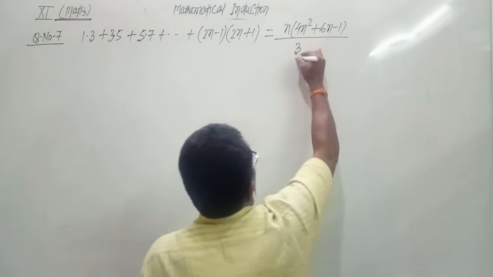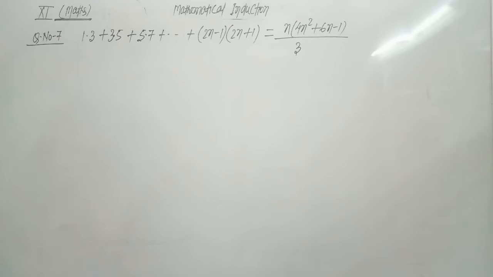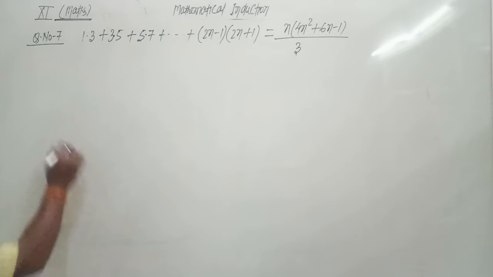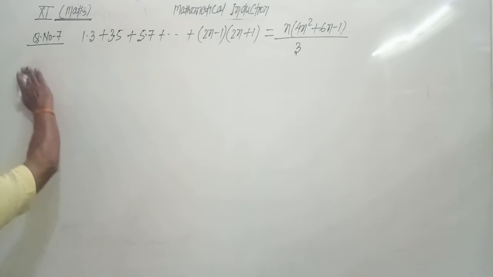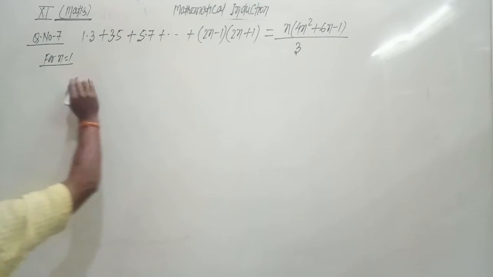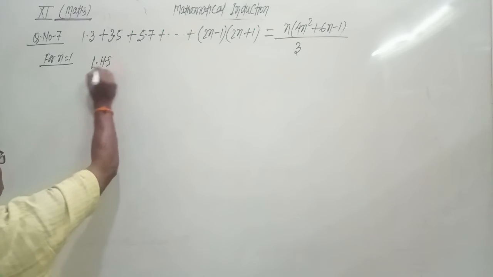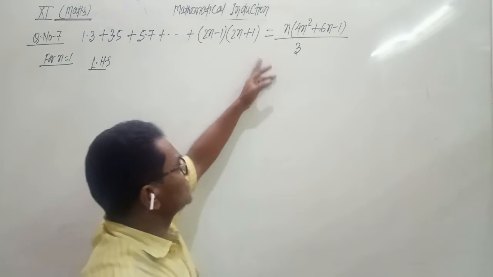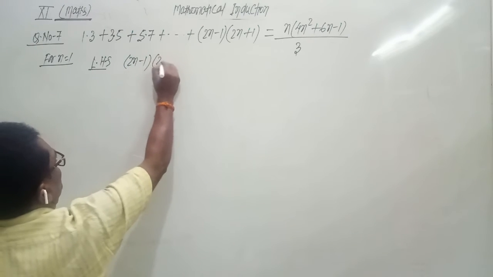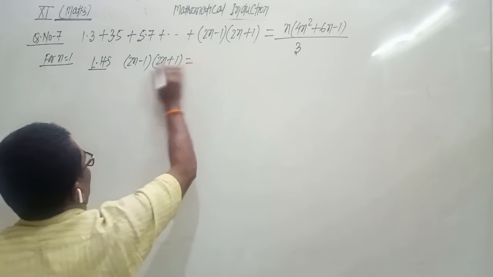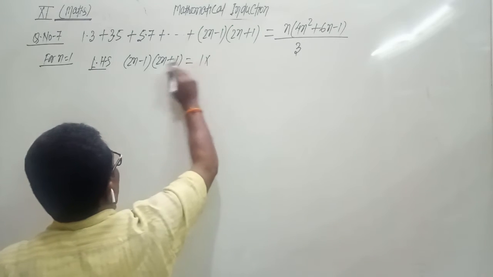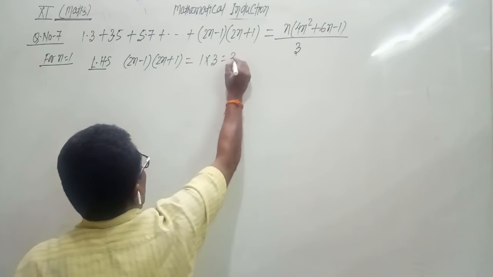So in the first step, we will prove that it is true for n equals to 1. So for n equals to 1, LHS means the last term of the LHS, that is 2n minus 1 into 2n plus 1, and we put the value of n equals to 1. So 2 into 1, 2 minus 1, 1, and 2 plus 1, 3, 1 into 3, 3.